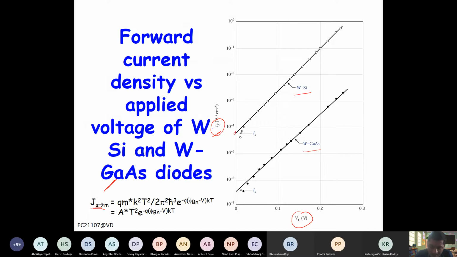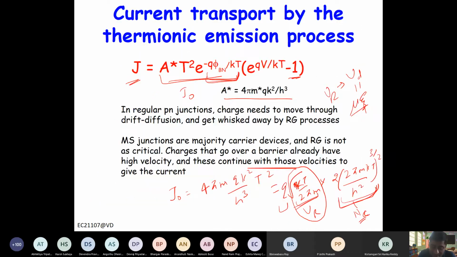Now, what will be the y-intercept? If you take a linear plot here, your y-intercept will be basically this part, right? If you plot on log scale, for high values of voltage, you can ignore one. So it will just be exponential qV by kT.